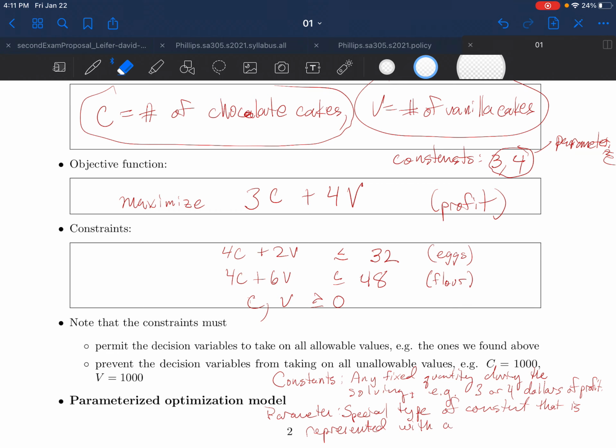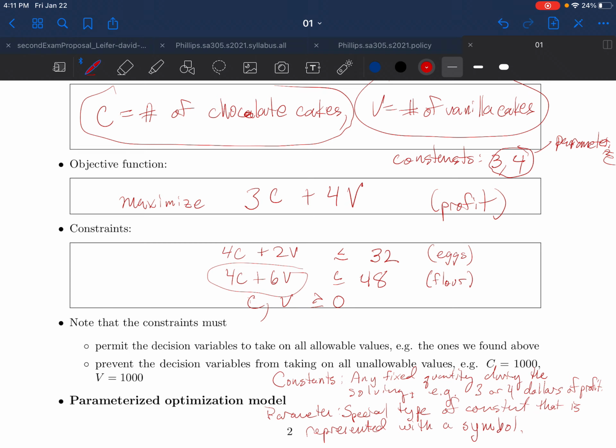Farmer Jones, suppose he was experimenting with different recipes for his chocolate cake or his vanilla cake. And maybe in that he was trying to see, well, what happens if I change the amount of flour I use? So he might replace the 4 and the 6 here with parameters.